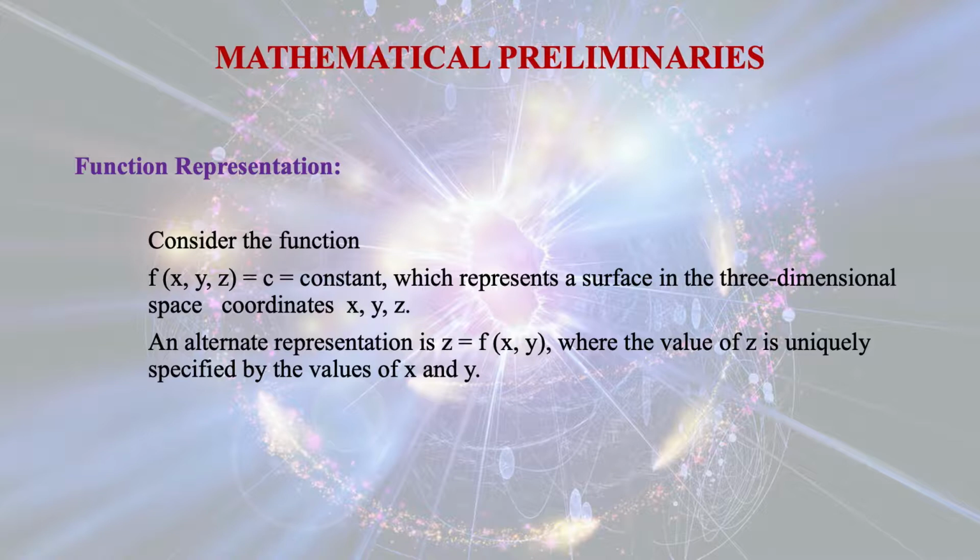If you write z in terms of functions of x and y, the x and y are known as independent variables and z is the dependent variable because the value of z is dependent on the value of x and y. So in thermodynamics, if you know any two properties, we can find out the third property by knowing some laws or equations. Now let us do some numericals so that your concept will be more clear.